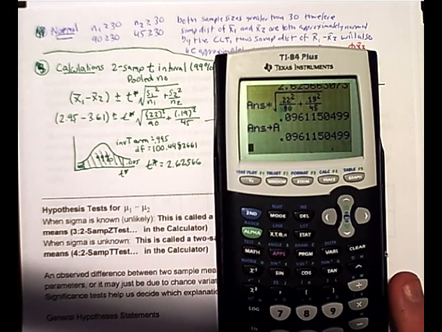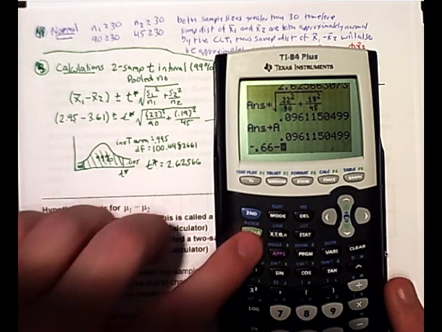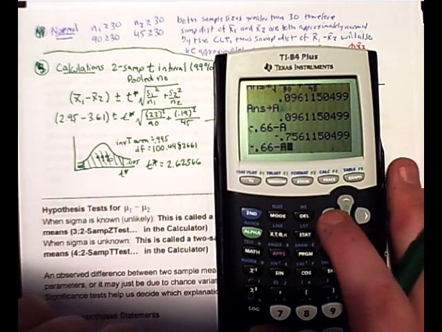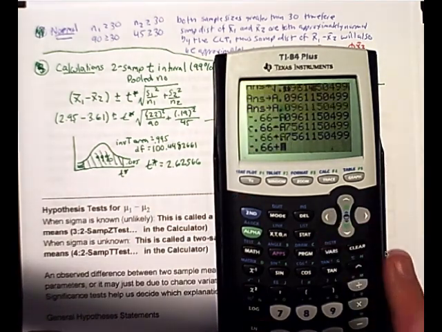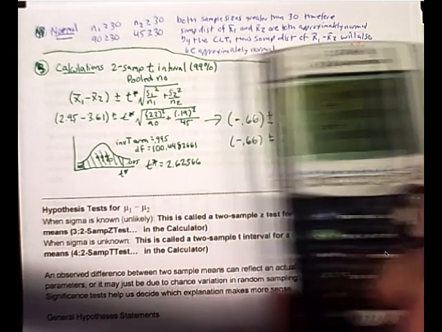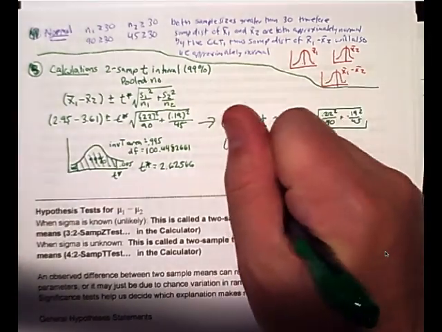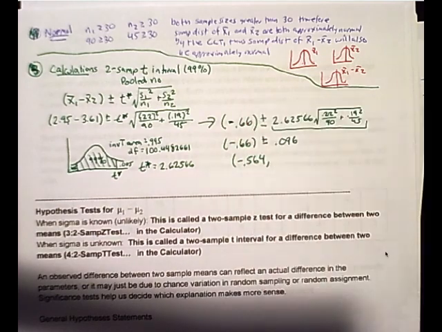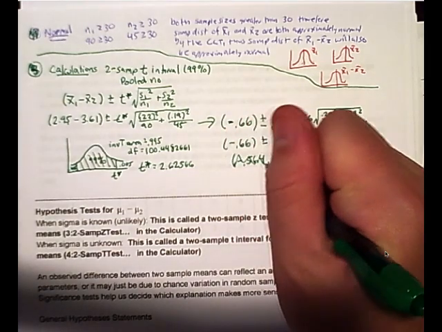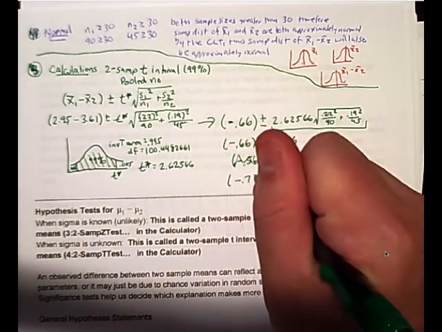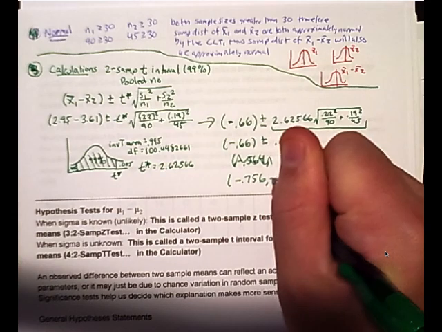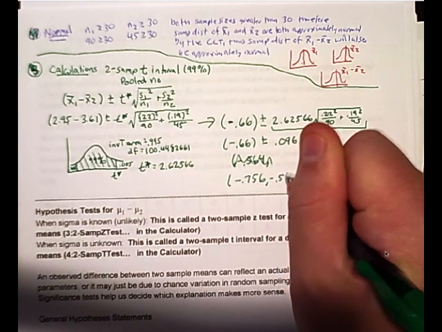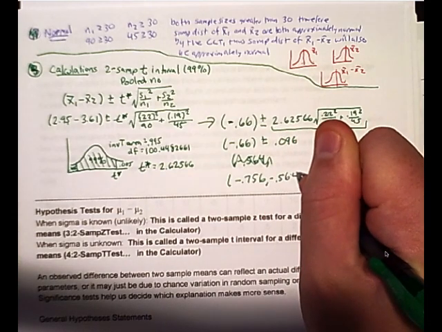So if I have negative 0.66 minus that number, or plus that number, my confidence interval is negative 0.756 to negative 0.564.